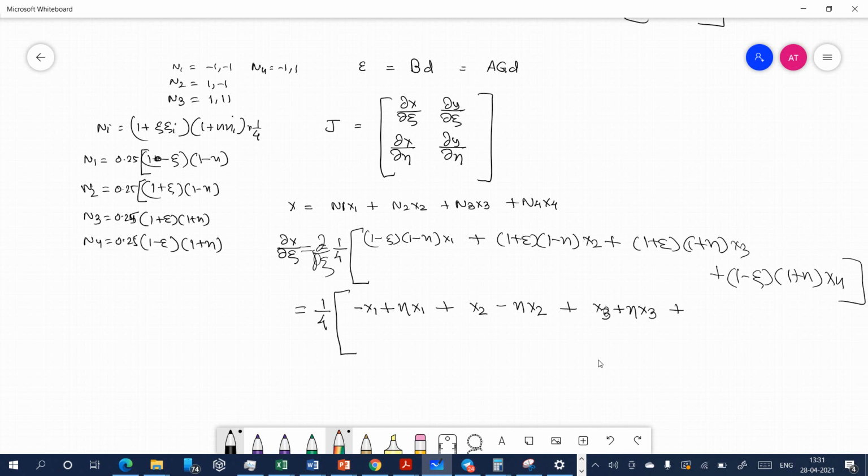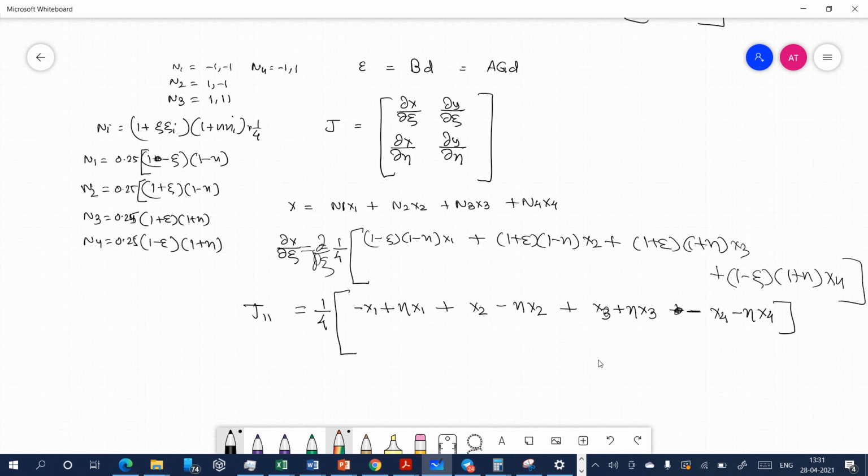Then I will have minus x4 minus eta x4, right? This is del x by del zeta. Okay, this is my del x by del zeta. So this is my J11.